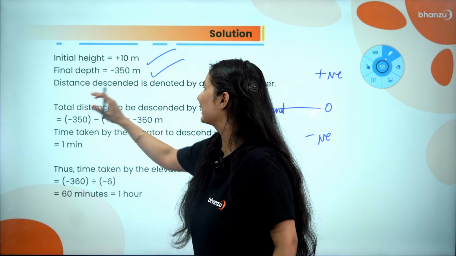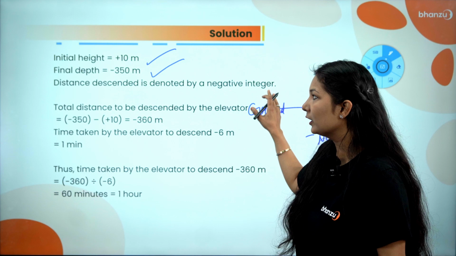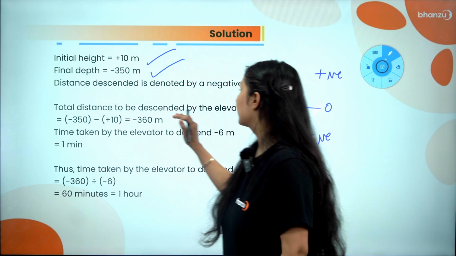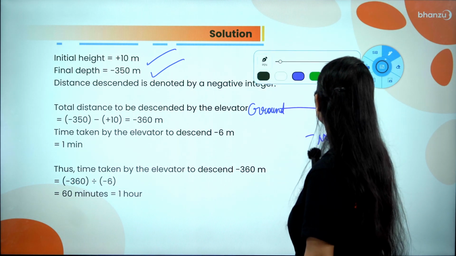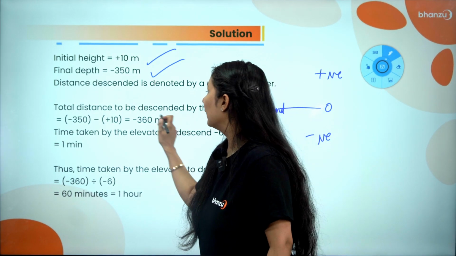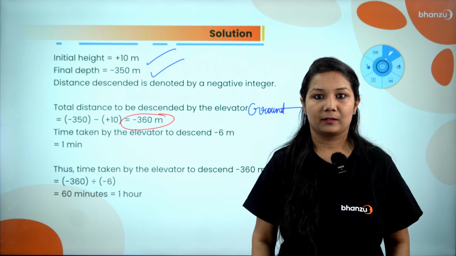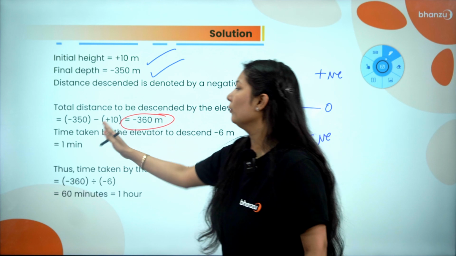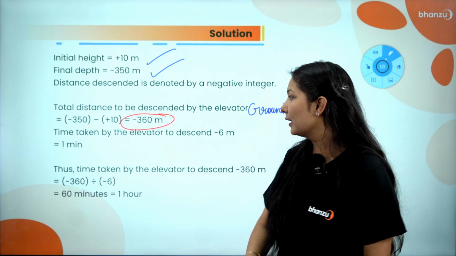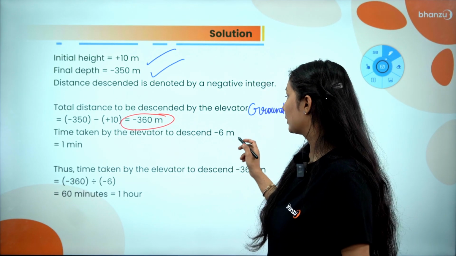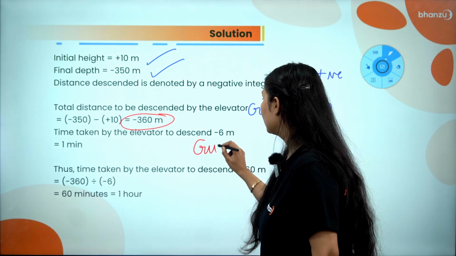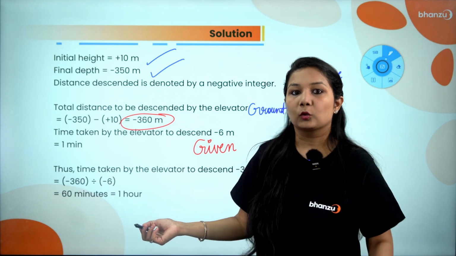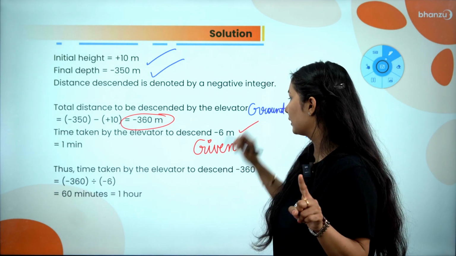The distance descended is denoted by a negative integer, because descended means going down. So the total distance to be descended by the elevator is -360 meters, because plus 10 is above the ground level, so minus of plus would be minus again. The rate given in the question is -6 meters per minute, so for 1 minute we have -6 meters.